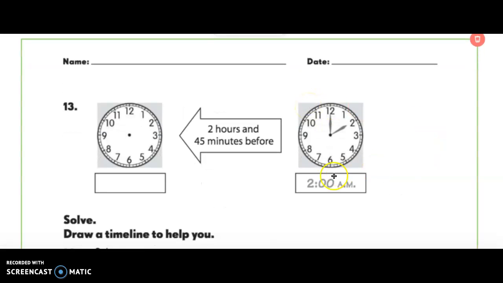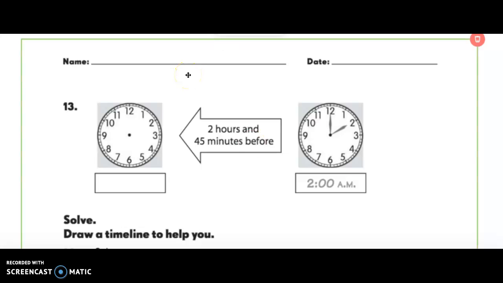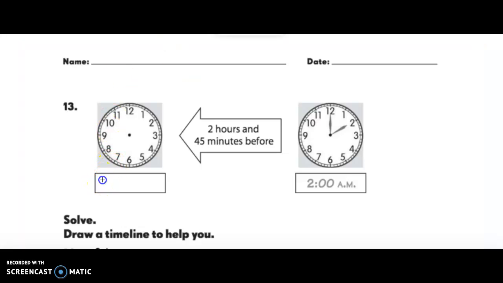All right, now we're going backwards. They want to know 2 hours and 45 minutes before. So we can jump back our 2 hours. If we're at 2 a.m., that would bring us to 1 a.m., to 12 a.m. And then we need to jump 45 minutes before 12 a.m. So that means it would go back into 11.